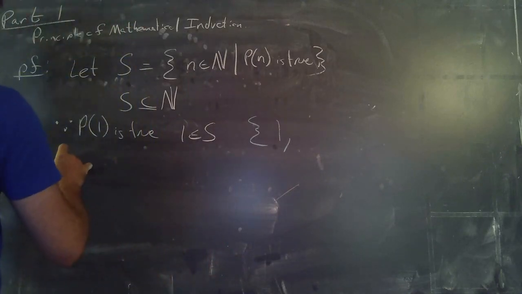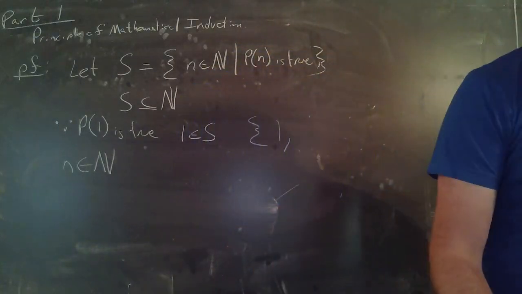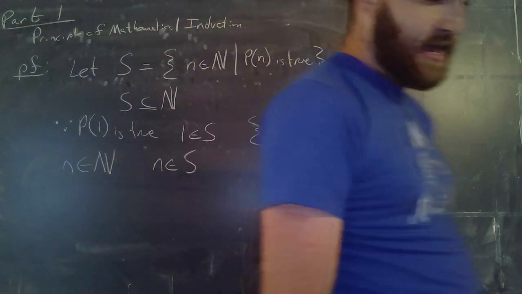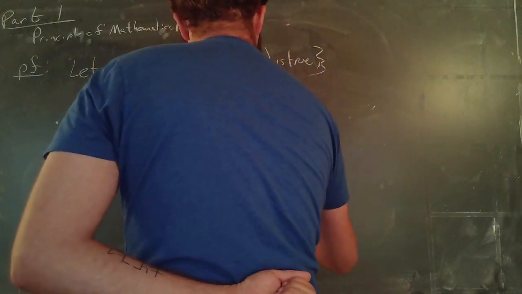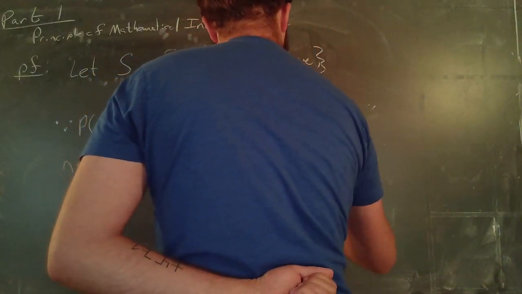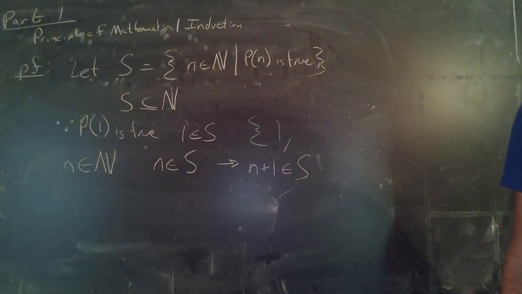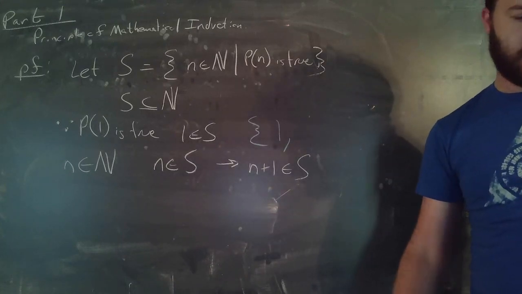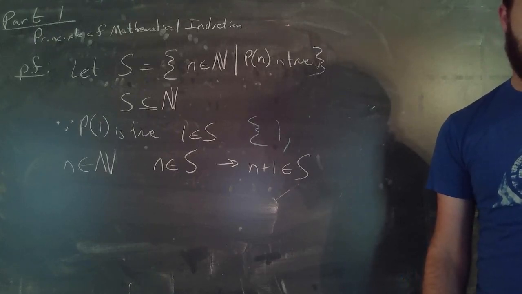So for each n drawn from the natural numbers, if n is an element of our set S, this is going to have to imply that n plus 1 must also be an element of our set S. That's our inductive step. So n being in S implies that n plus 1 must also be in S, and we will have to show that every time we go through an inductive proof.